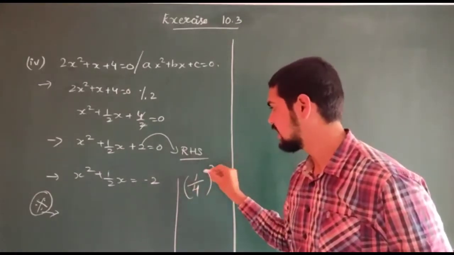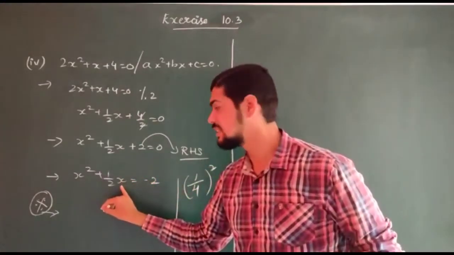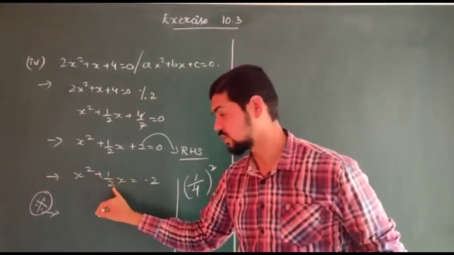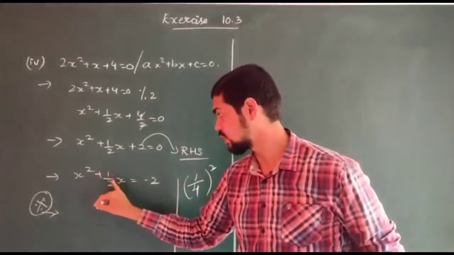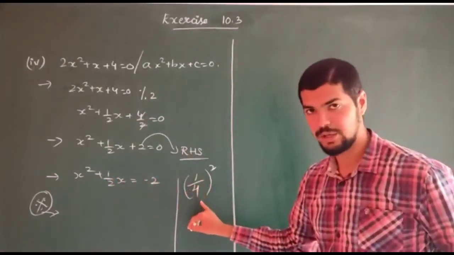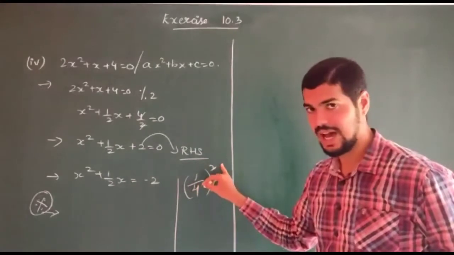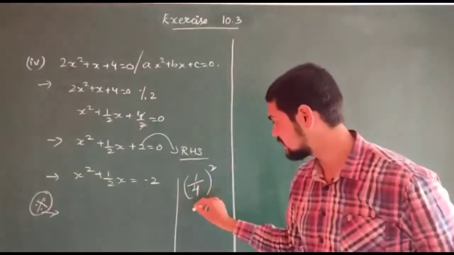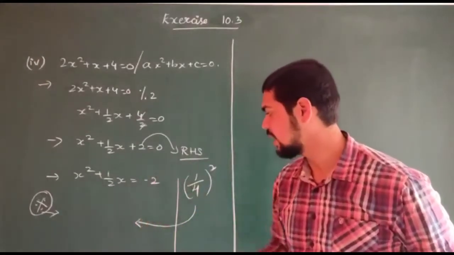I repeat, consider the coefficient of x. So the coefficient of x is 1 by 2. After considering the coefficient 1 by 2, divide this by 2. You will get 1 by 4. Square this. After squaring this, add and subtract this answer, that is here. I will do it here.